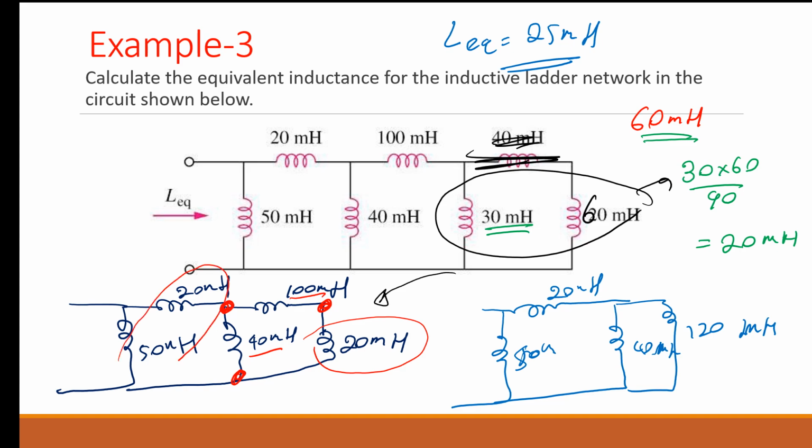You can see they have one common node, but the other node, this is the end of that, and this is the end of that. Are they the same points or not? No. They are not in series either. If they are in series, they need to go like this. They are neither series nor parallel.